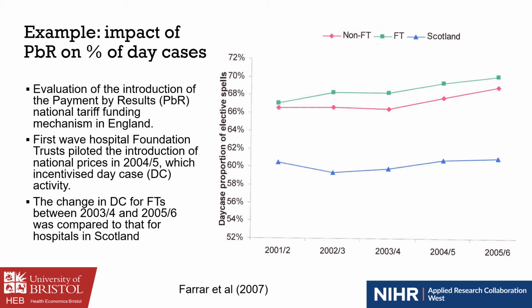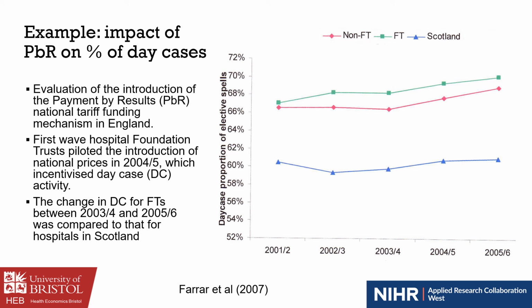The change to national prices incentivised more day case activity because now hospitals would not be paid more for patients who were admitted to hospital overnight, as long as they could typically be treated as a day case at lower cost.